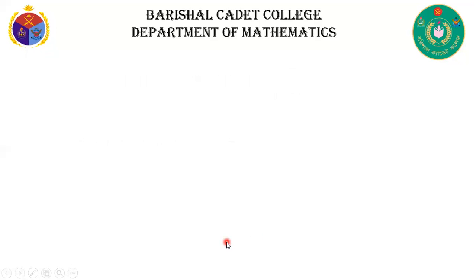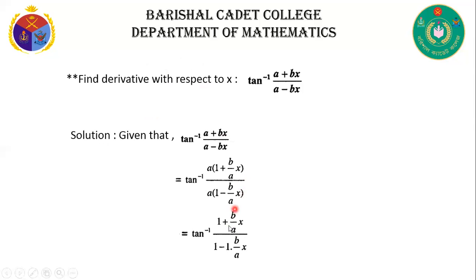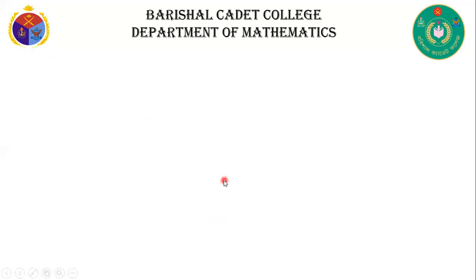Here x means 1 and y means b by a into x. That's why we can write tan inverse 1 minus tan inverse b by a into x.